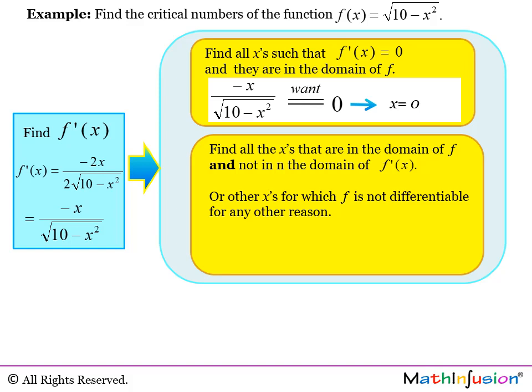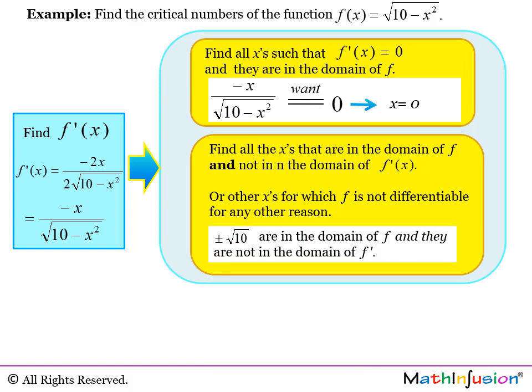And the other kind is where the derivative does not exist, but it's in the domain of the function. If you observe plus minus square root of 10, both of those are in the domain of the function, but they are not in the domain of the derivative.